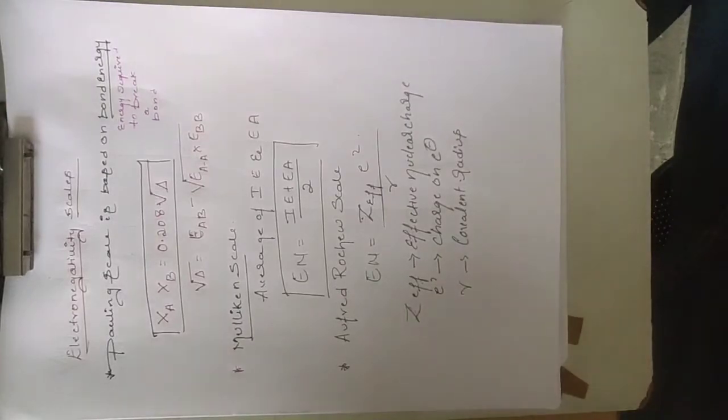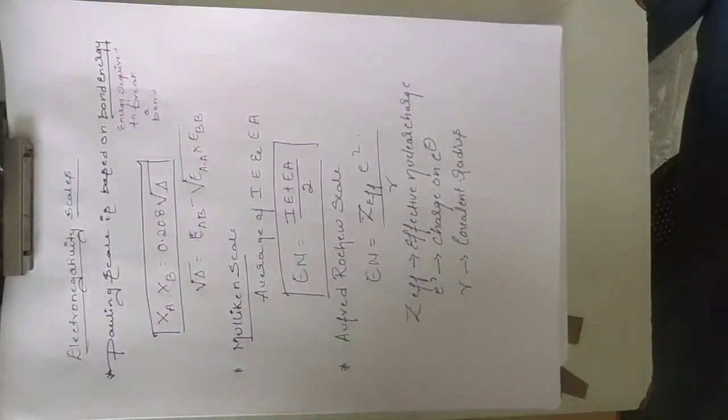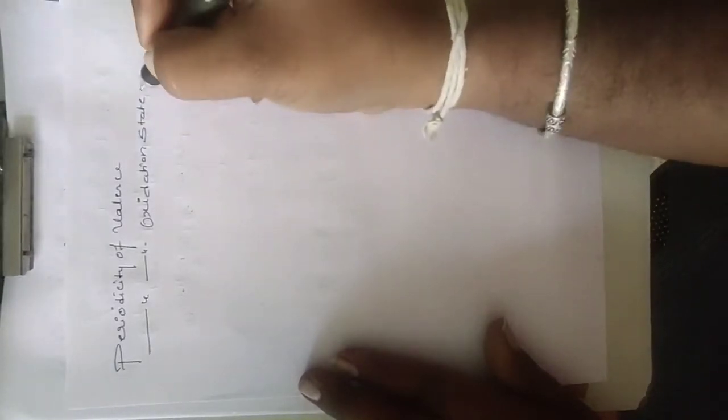Next we are going to study periodicity of valency, or it may also be called periodicity of oxidation state or valency. We will define it.